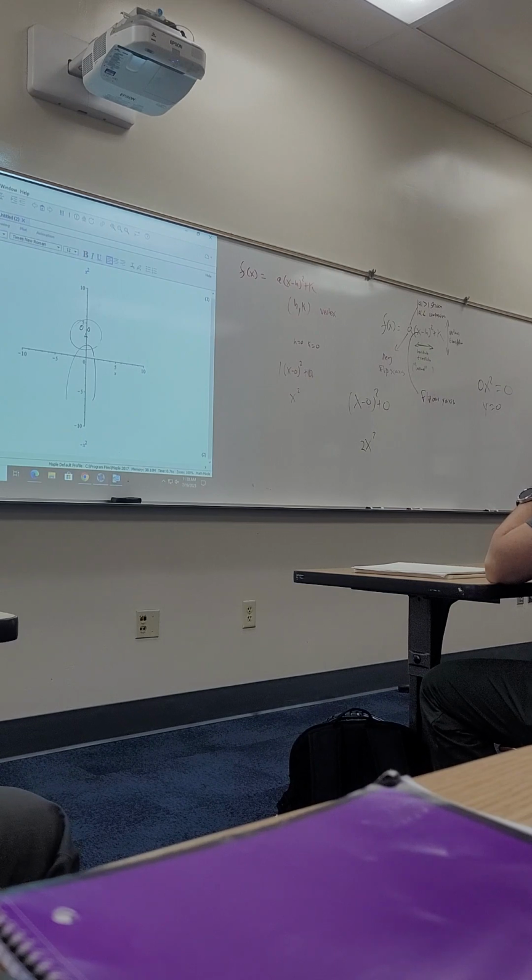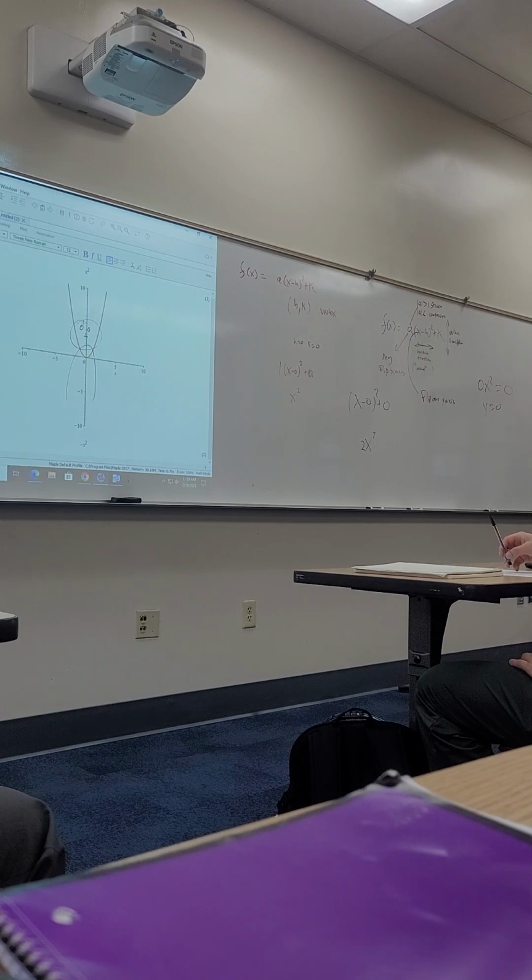So here's my parent function. Now I'm going to put in parentheses negative x squared. Watch what happens when I hit enter. Oh, because I put the square on the inside.